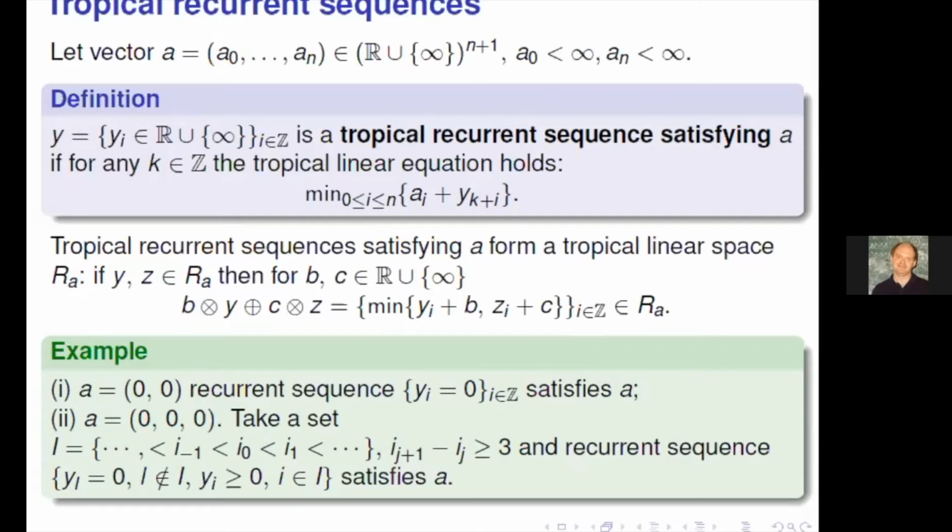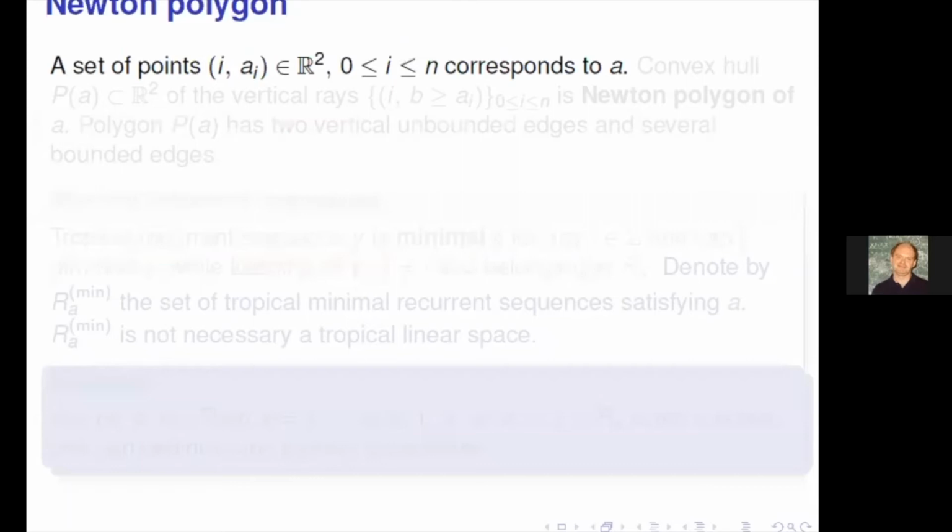So that's our task. And now a very useful language for defining the vectors and sequences is the language of Newton graph and Newton polygon. So having the vector A, we plot the points (i, A_i) on the plane.